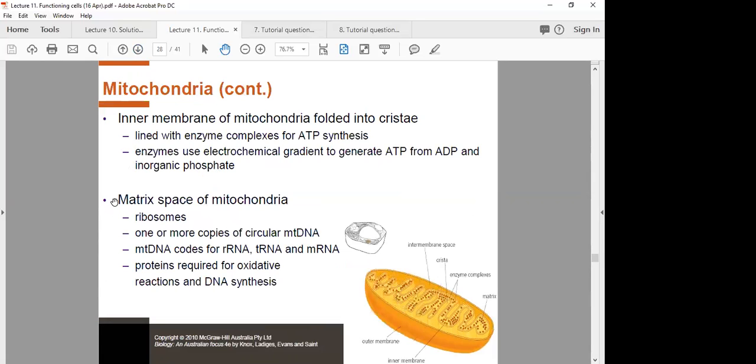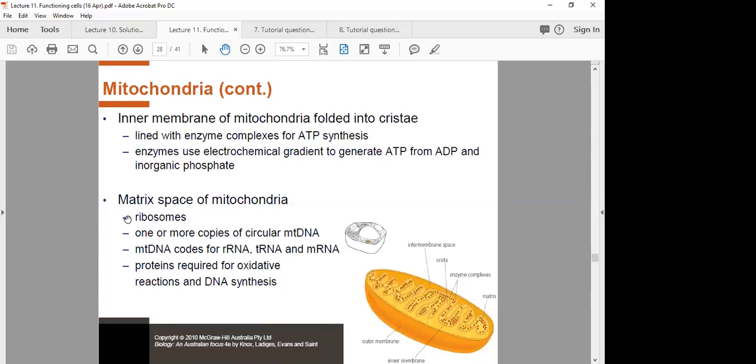The matrix, the mitochondrial matrix, contains, and here is the evidence that supports the theory of endosymbiosis, its own ribosomes. Normally ribosomes are only found within the cytosol of the cell, but here we have an organelle that has its own functional ribosomes.